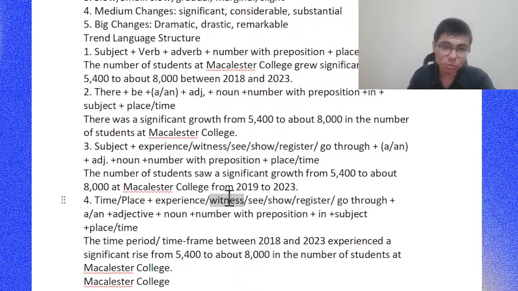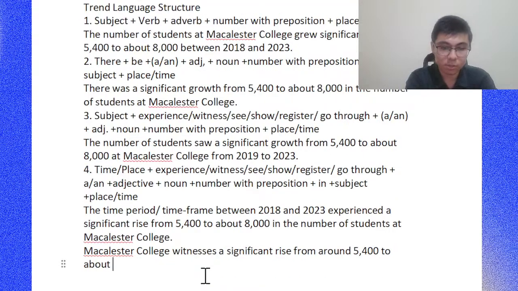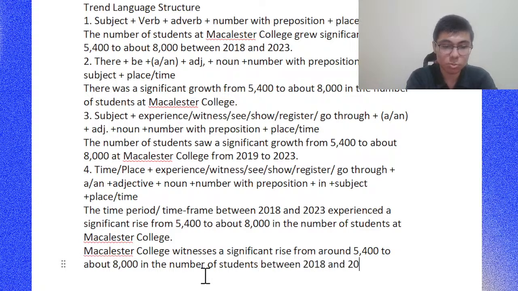Let's use this one, witness it, a significant rise from around 5,400 to about 8,000 in the number of students between 2018 and 2023.